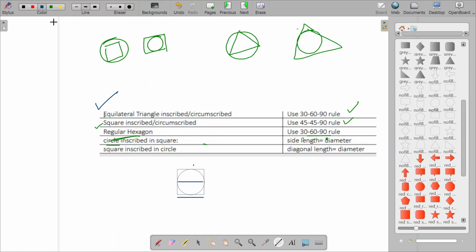And if it is given that a square is inscribed in a circle, let's say this is a circle and here I have a square. Now if a square is inscribed in a circle, that means the diagonal of the square is equal to the diameter of the circle.